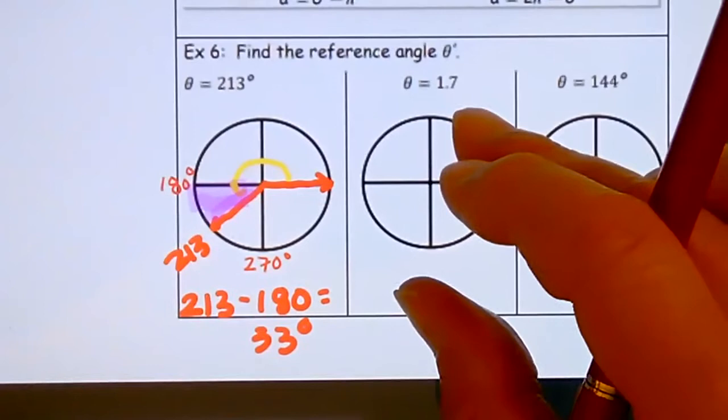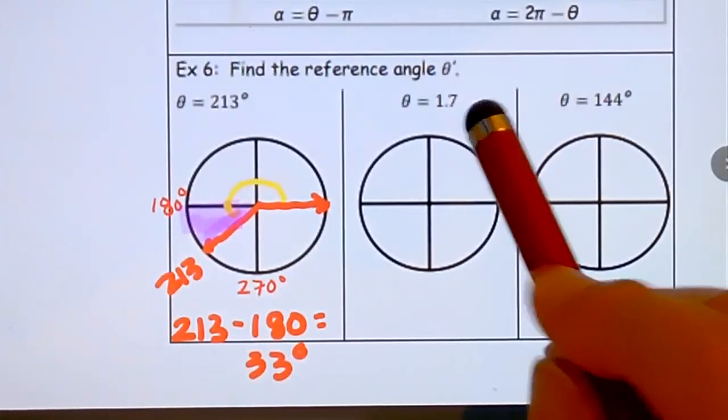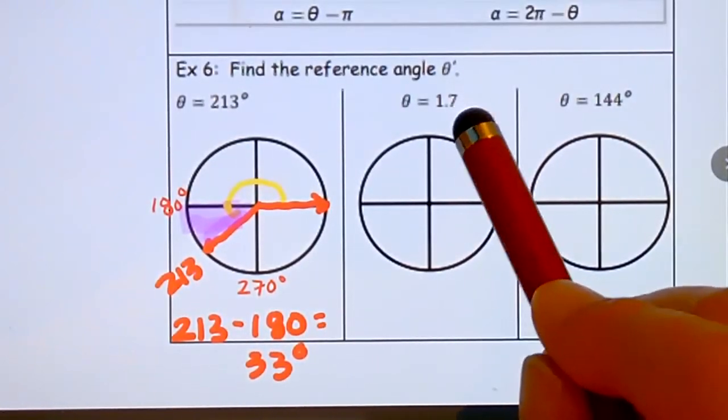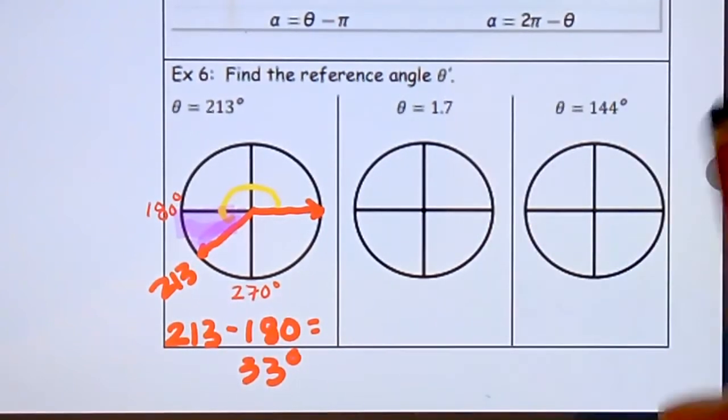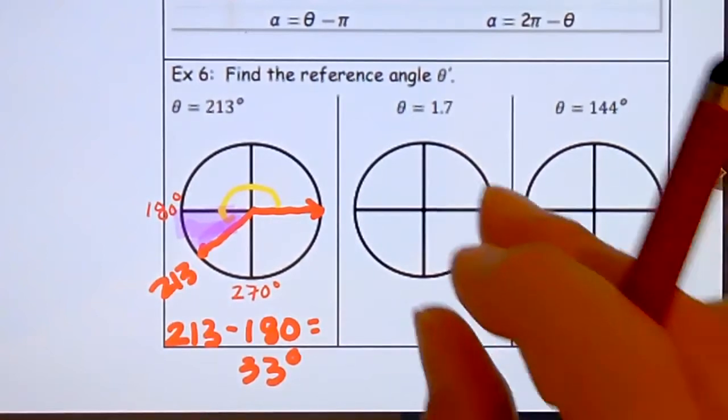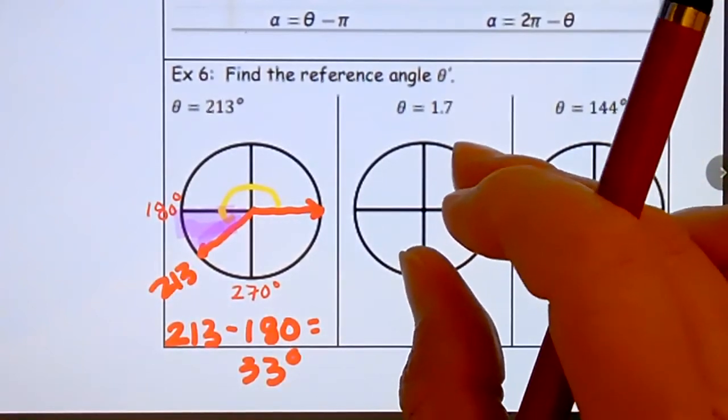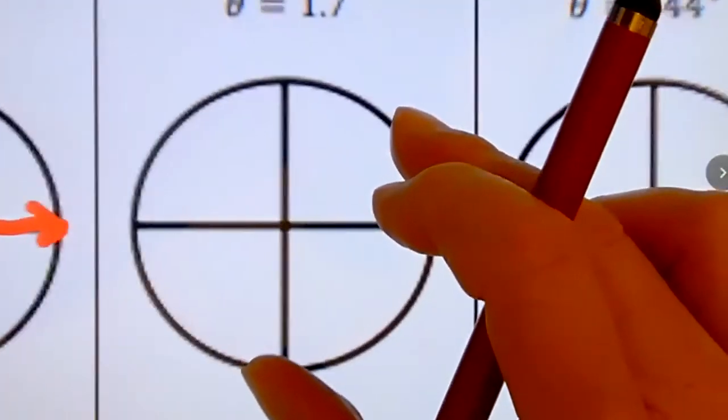So on my next problem, it says 1.7. This is in radians because it doesn't have a degree symbol. So I'm going to be thinking about pi and 2 pi. Let me zoom in for a sec on this one.